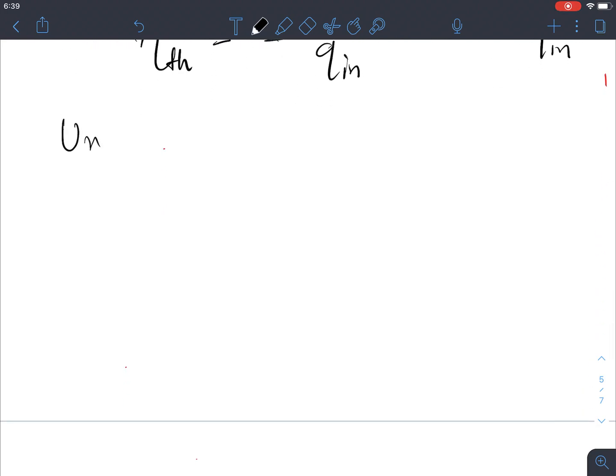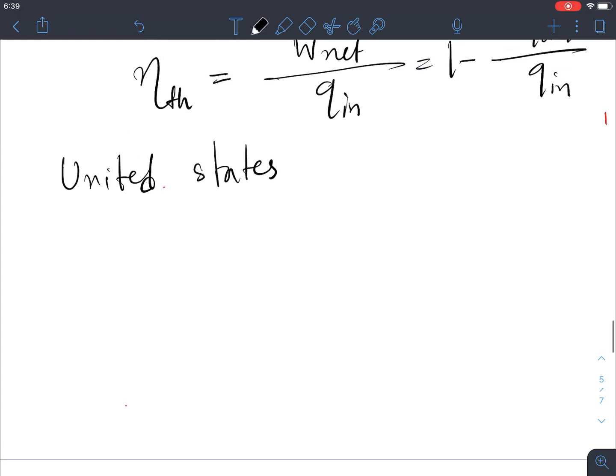However, in the United States, people use the efficiency expression in terms of the heat rate, right? So what is the heat rate?